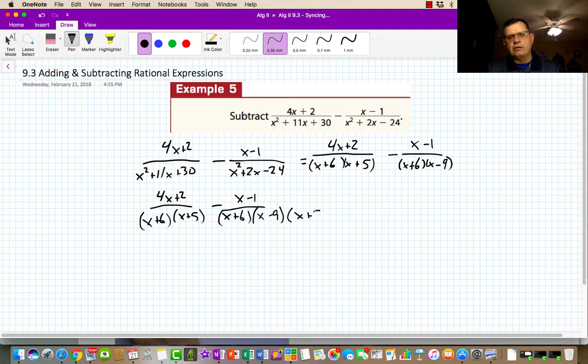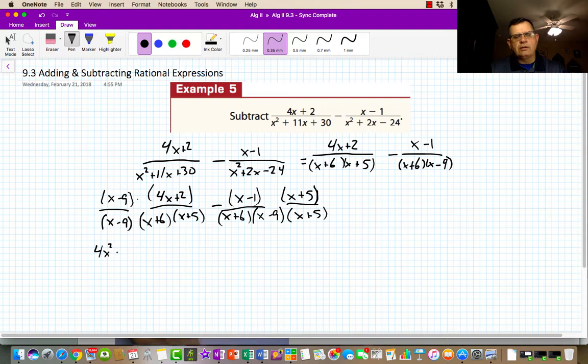So I put one here, but if I put it down here, I also have to put it up here. It's in parentheses, and it's going to multiply the entire numerator, so it's got to go in parentheses. I need an x minus 9. I have an x minus 9 here, but not over here, so I have to put an x minus 9. But again, I have to compensate for it, so it just equals 1 by putting it up top. This goes in parentheses. Now I FOIL the top.